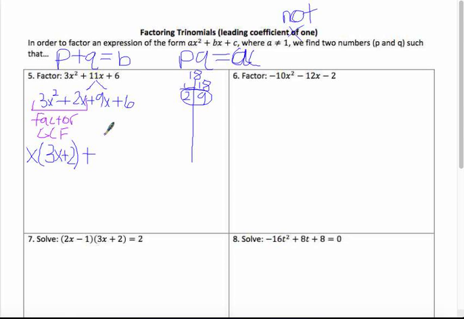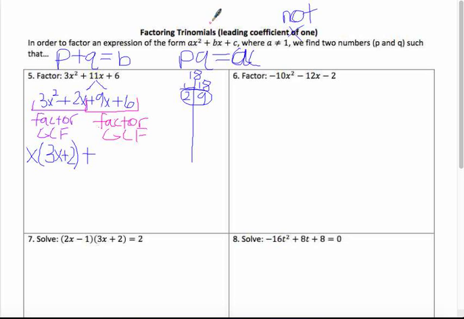Don't forget about it. Anyway, then I'm going to factor out the GCF from this second pair of terms, which is positive 9x plus 6. And from here, so they don't both have an x, and they shouldn't, but these numbers are both divisible by 3.